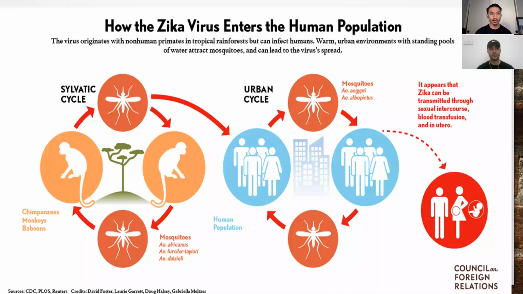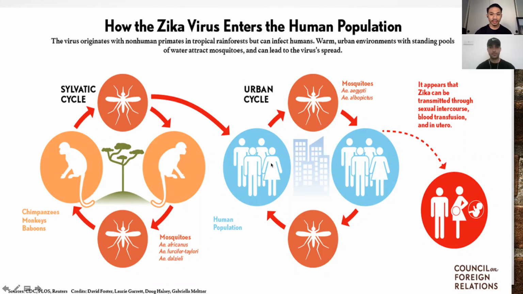All right. This graph here depicts how Zika virus enters the human population. So the Zika virus originally started from primates, in which the infected blood was taken up by Aedes mosquitoes. Following that, these mosquitoes have the ability to infect other primates or even humans.